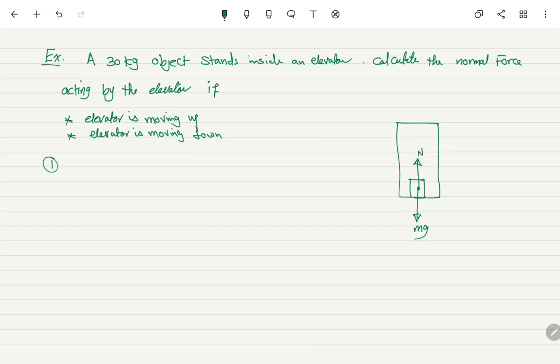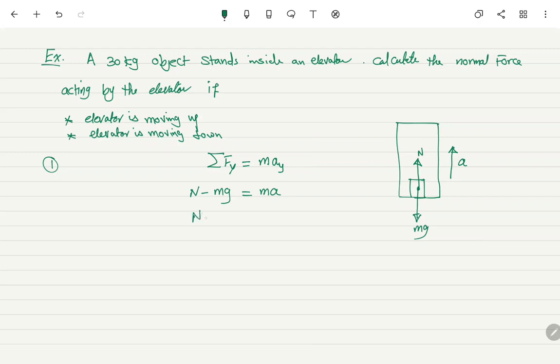Since the elevator is going up, the acceleration is going up, so sum of all forces on y equal to m a y, starting with the force in the direction of the acceleration, which means normal minus mg equal to ma.